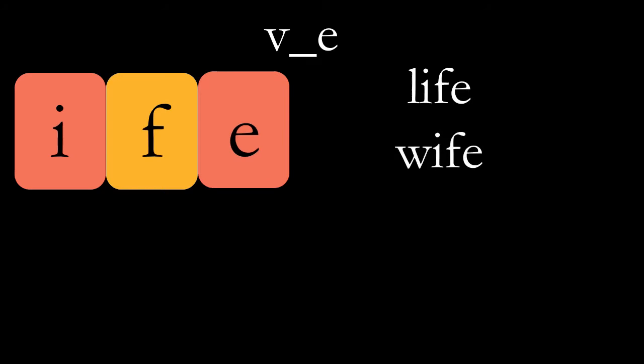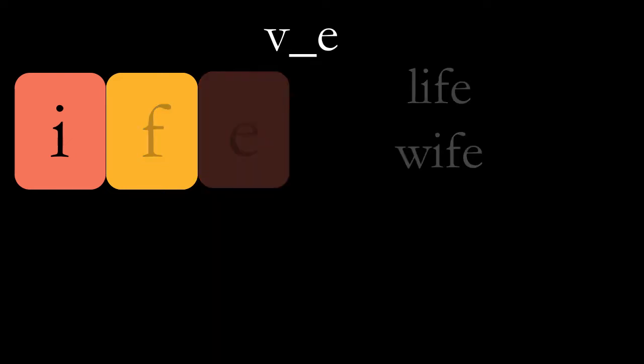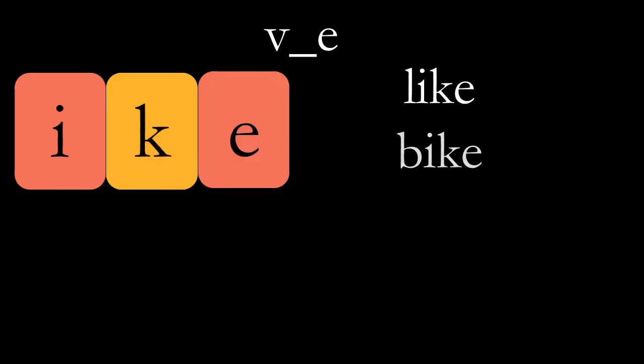If becomes ife, like life and wife. Ick becomes Ike. Now remember, ick is usually ICK or IC. We don't have any words that end with IK. So IKE is Ike, like bike.